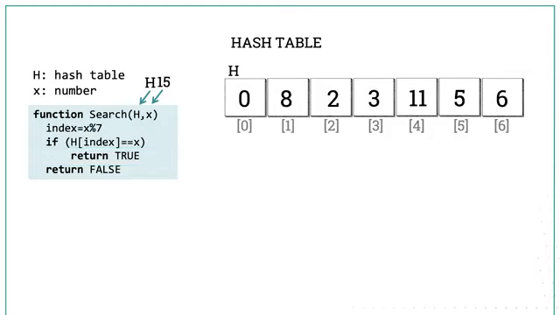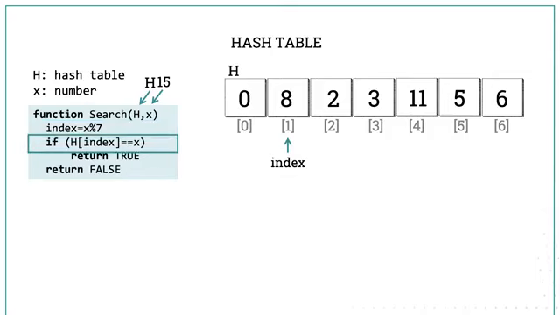Let's look at a second example with a number that is not present in the hash table, such as number 15. We apply the hash function to number 15. 15 mod 7 is 1, so the variable index takes the value 1. Now, we check whether number 15 is stored in the position pointed out by the index.